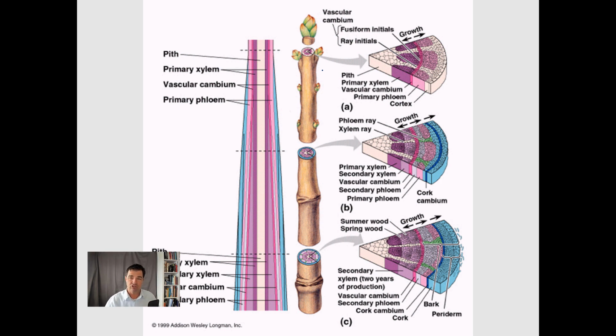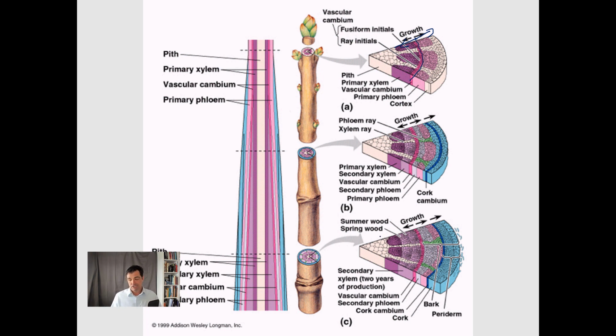This is how we're making those tree rings. Okay, so here's my vascular cambium right here, and the growth as this gets wider, you can see is occurring two ways. It's going this way and it's going that way.